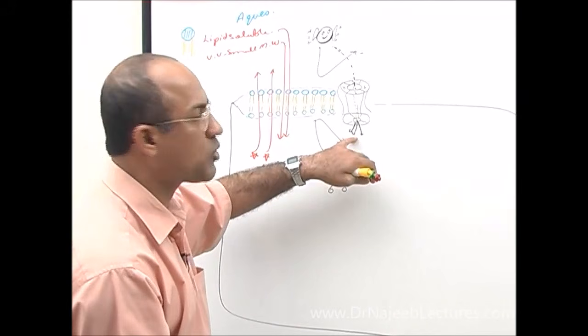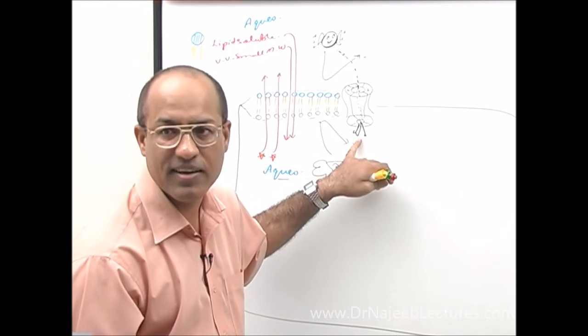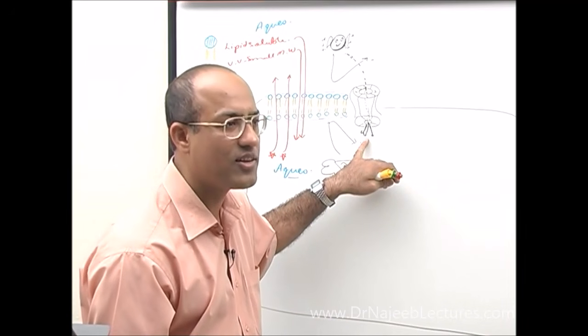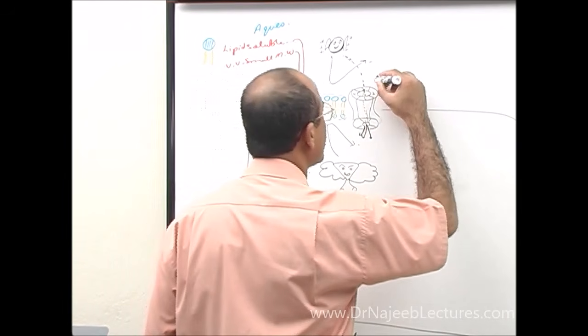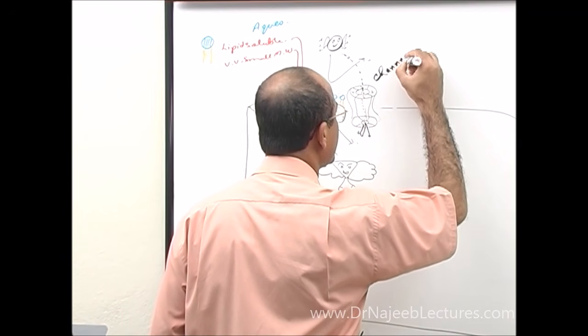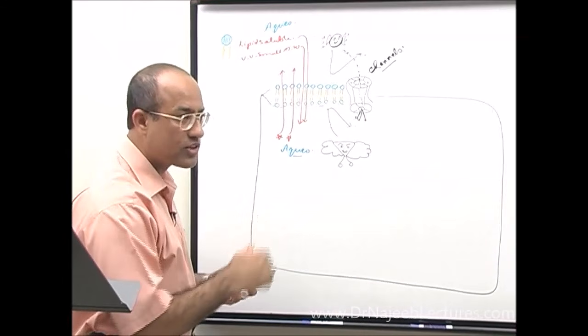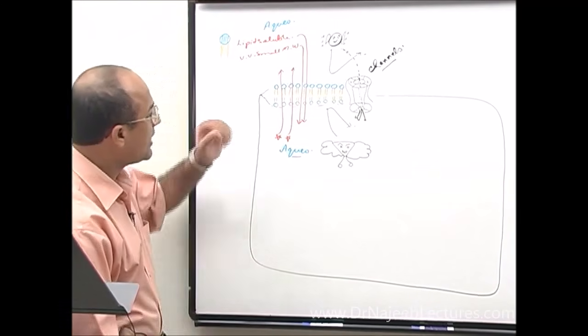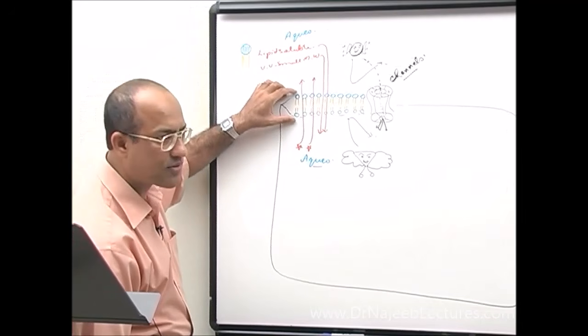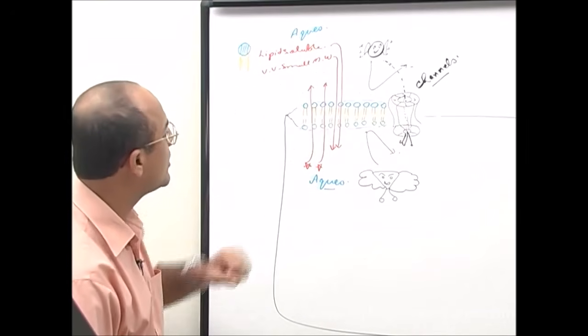Such types of proteins which are present in the cell membrane are called channels. What are these called? Channels. And I will tell you more functions of proteins later. Let's come back to this component. After that I will go into detail of the protein.